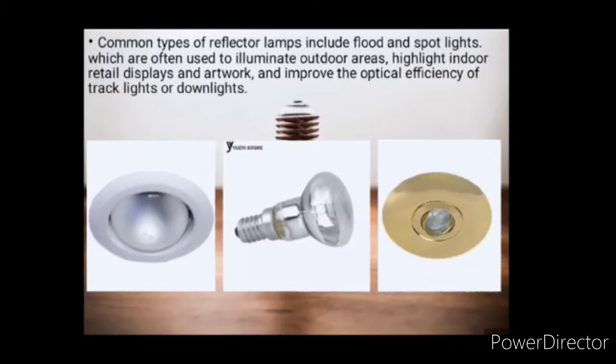These are the common types of reflector lamp nga atong makita, including flood and spotlights, which are often used to illuminate outdoor areas, highlight indoor retail display and artwork, and improve the optical efficiency of track light and downlights.